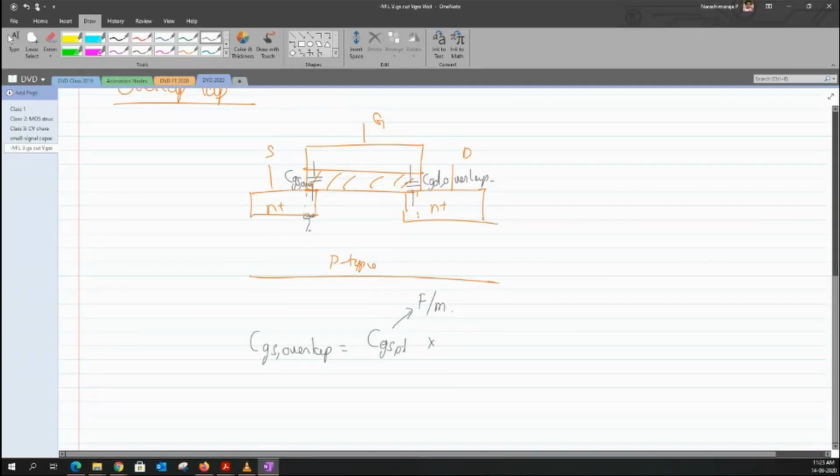The manufacturer gives the value of CGS-OL, with a unit of farad per meter. What we have control over is only the width, because we define the width of any transistor, and it can take up any width designed for this particular transistor.